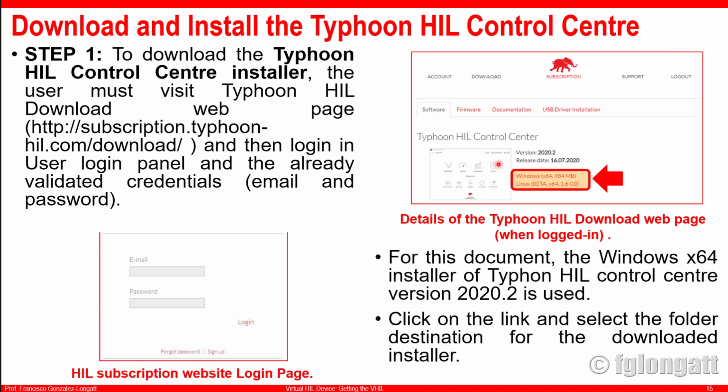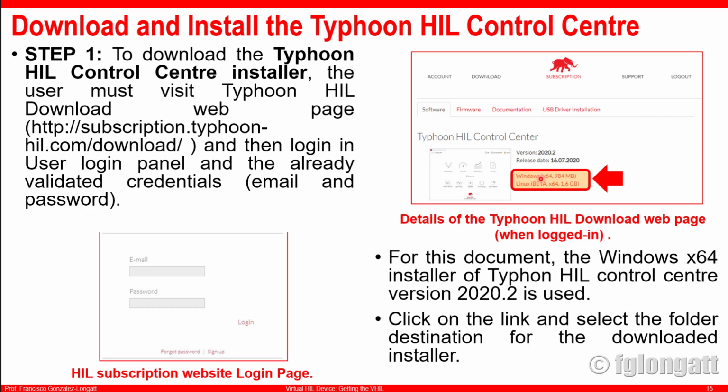And as you can see over there, the first one is Typhoon HIL Control Center, okay? The installer for Windows is around 984 megabytes. If you are using Linux, it is 1.6 gigabytes, okay?